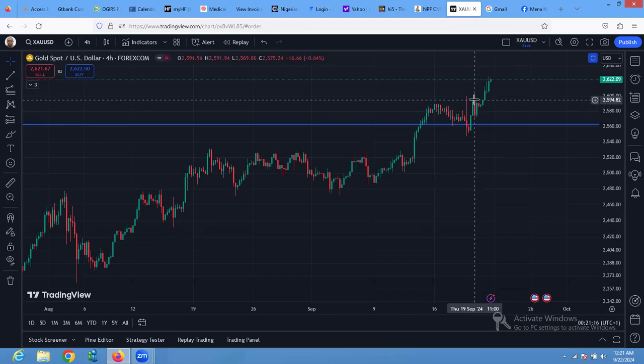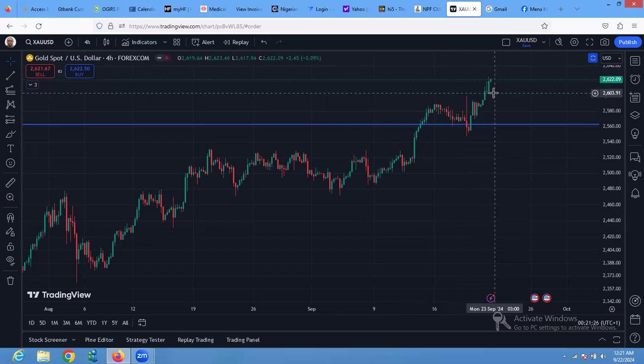This is a new structure building after the deep correction. So we are seeing a 1, 2, 3 formation, probably a third wave formation, and we are probably going to get a fourth wave, and it's going to continue to go up. So you're going to look for a deeper correction to buy this more. That is all you can do with gold now.